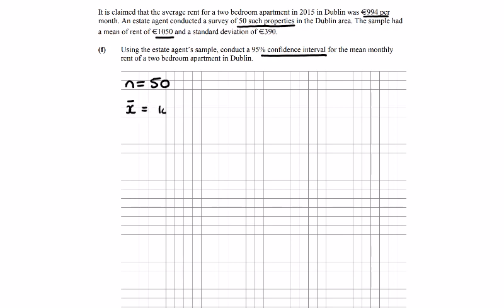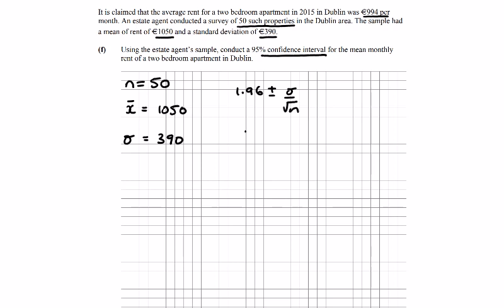Standard deviation 390. And we want to conduct a 95% confidence interval. So we have sigma and n, so 1.96 will be my confidence interval for 2 standard deviations, the more accurate version, plus or minus sigma over root n will be the change that we're looking for here.